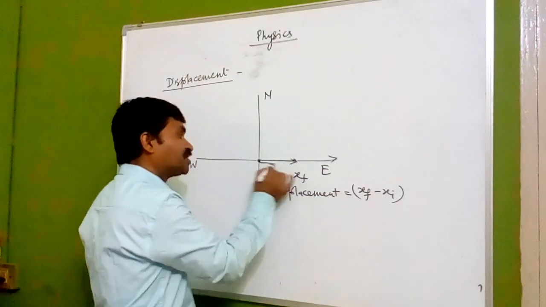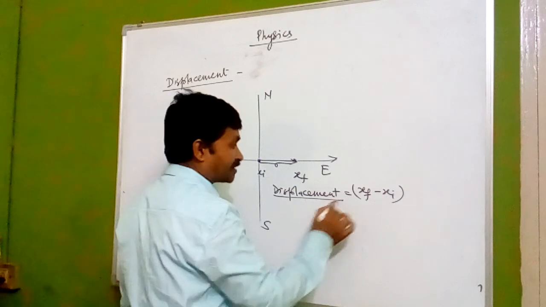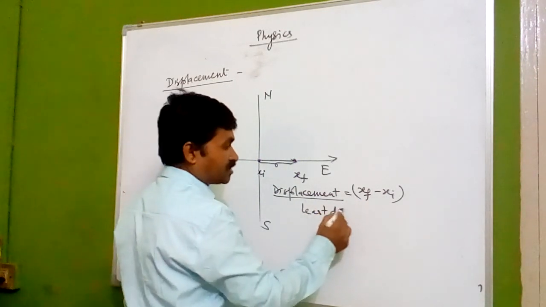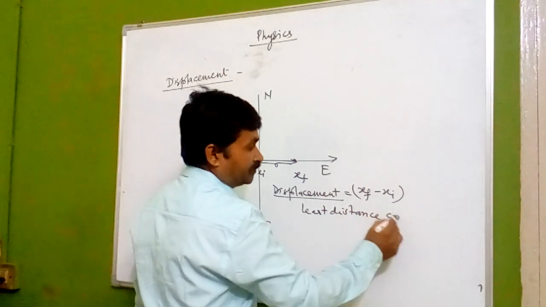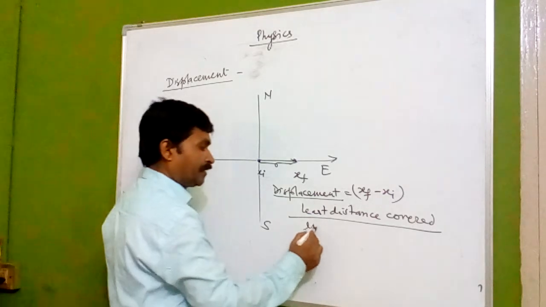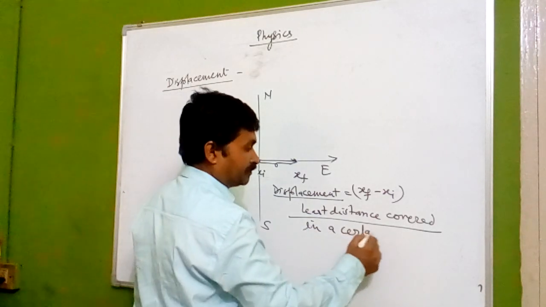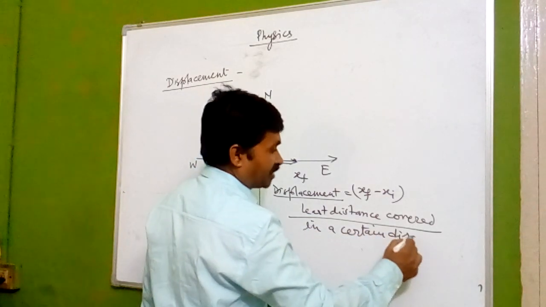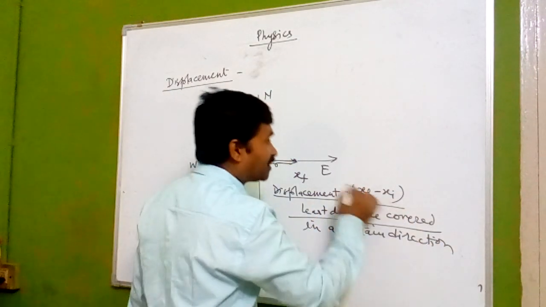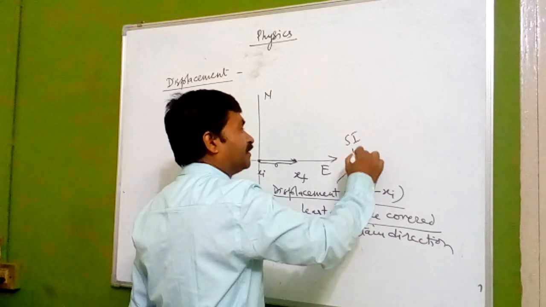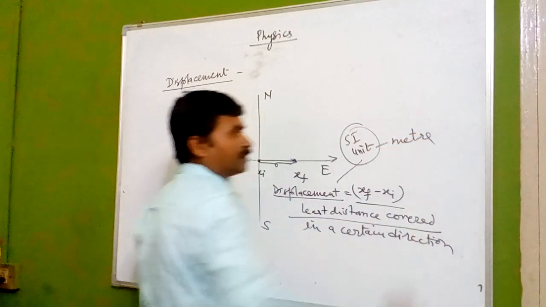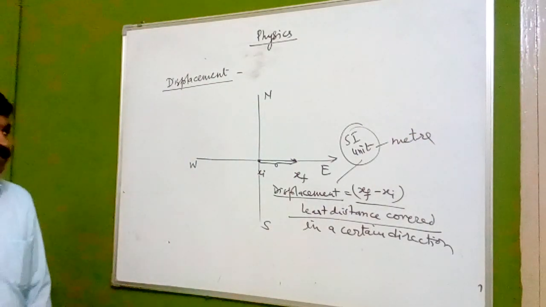So the least distance covered in a certain direction will give the displacement. And displacement also has the SI unit, which is meter.